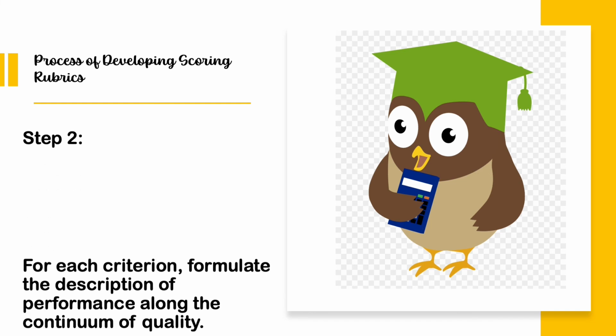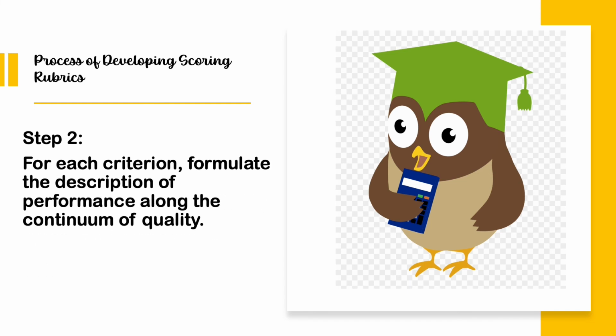So, next would be, for each criterion, formulate the description of performance along the continuum of quality. This means that after defining the criteria for the top level of performance is the identification and definition of criteria for the lowest level of performance.